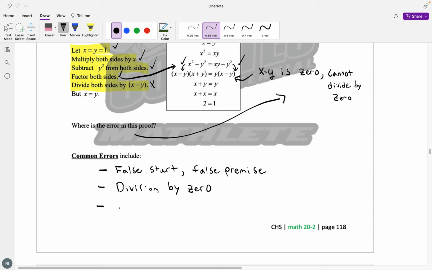An example that we did not see in the notes, failing to distribute a negative.